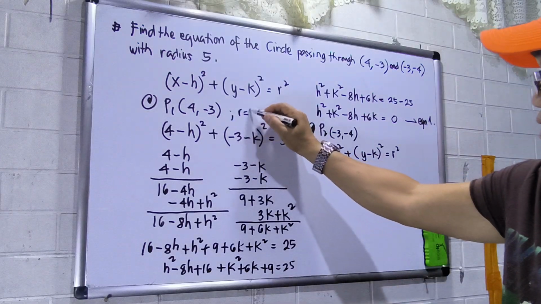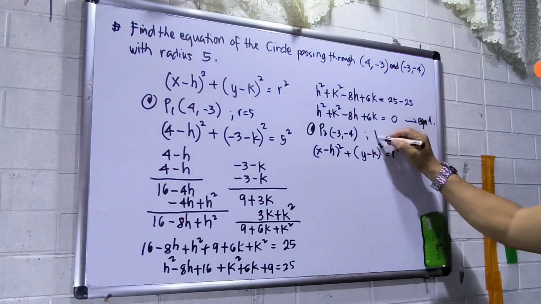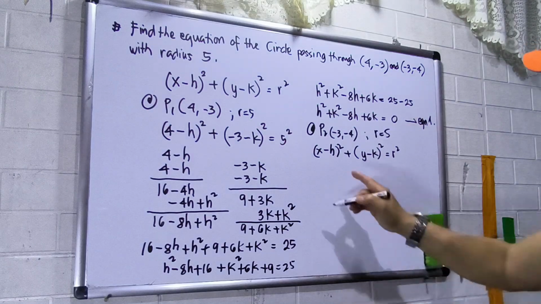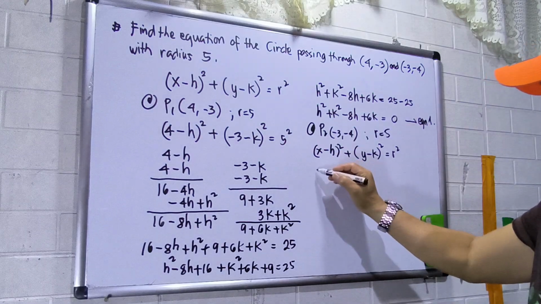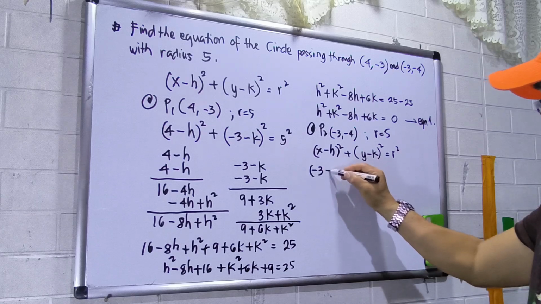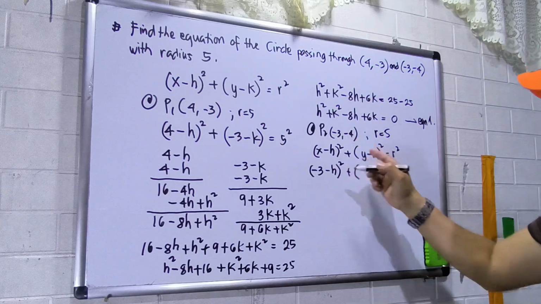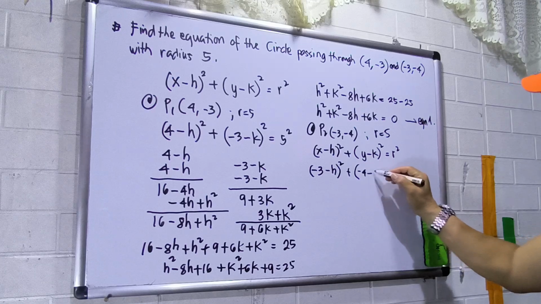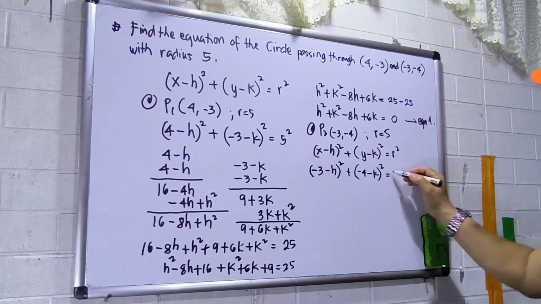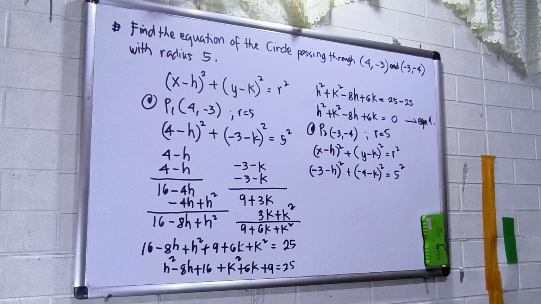This one will be r equals 5. Okay, so plug in x and y. So this will be (negative 3 minus h) squared plus y is negative 4, then (negative 4 minus k) squared is equals to 5 squared.